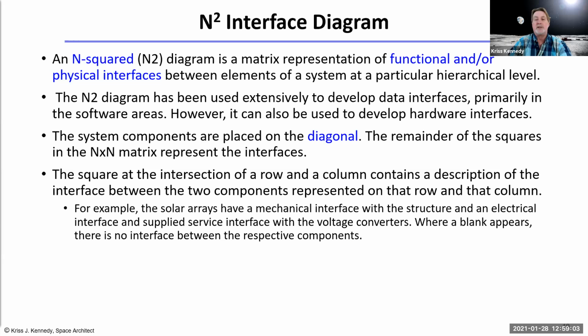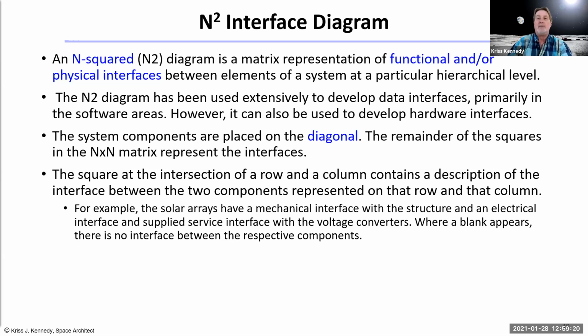You could do this elements to elements, and then you could do it just as a single element. And then within the element, you could begin to look at the systems or even the subsystems. So you can go at different levels to break down those interfaces.